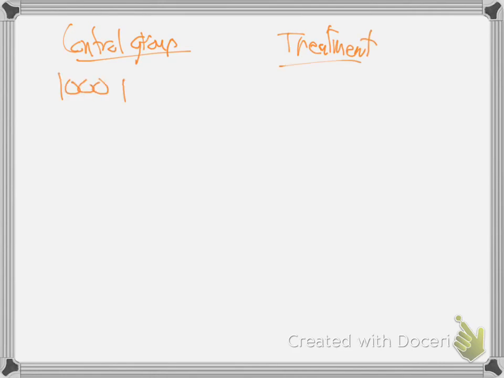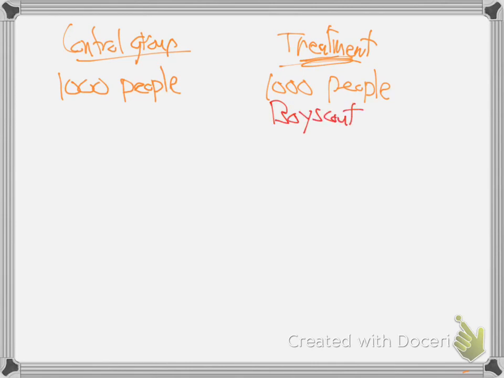You'd have to have a control group and a treatment group, meaning you'd have to take like 1,000 people and 1,000 over here into two different groups, and the treatment would be they would go to Boy Scout training when they're kids. You train them as Boy Scouts, and over here, no Boy Scouts. You don't send these 1,000 people to Boy Scout camp.